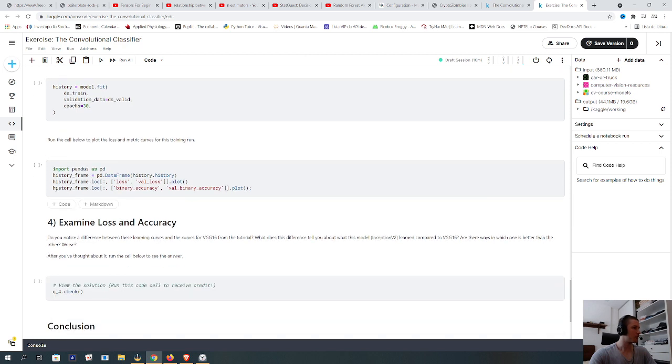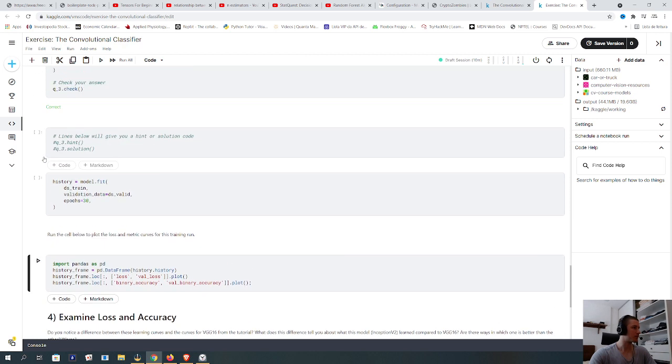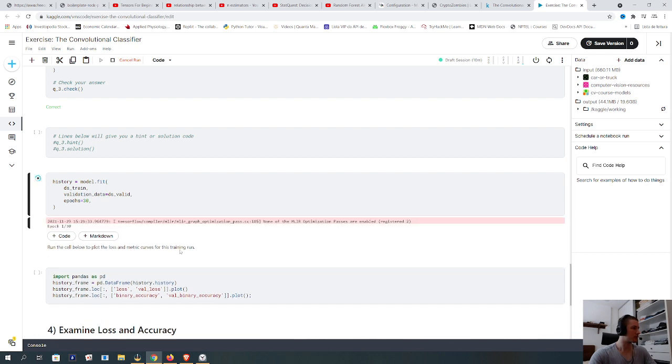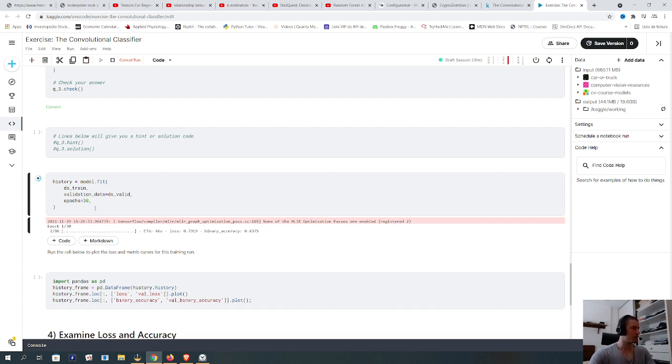On the side below, to plot the loss metric per epoch. So I forgot to run this. So it's fitting the model to the training and the validation set on 30 epochs.